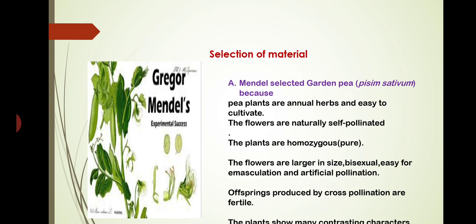The flowers are larger in size, they are bisexual, and they are easy for the emasculation process and also artificial pollination. The offspring produced by cross-pollination are fertile. The plant shows many contrasting characters. That's why Mendel selected the garden pea plant.